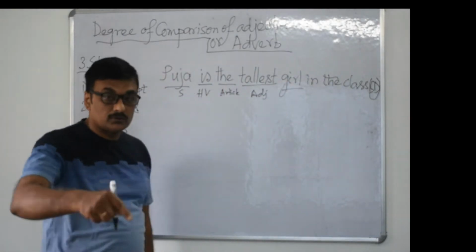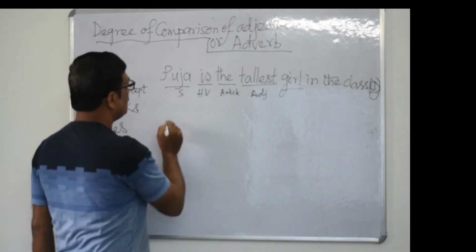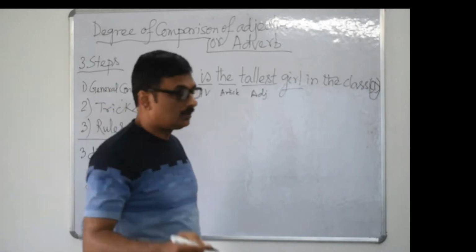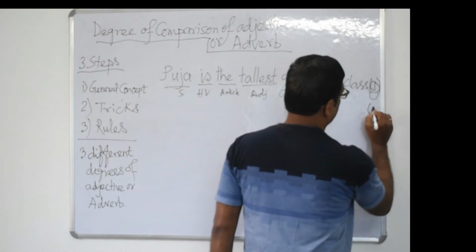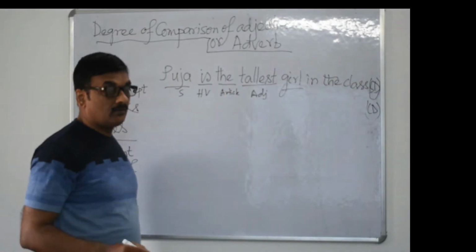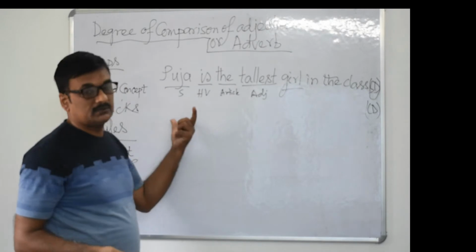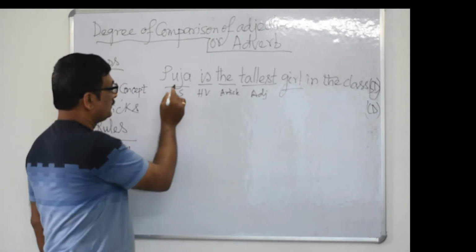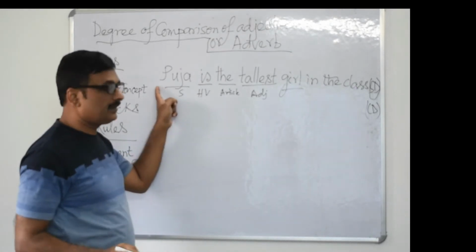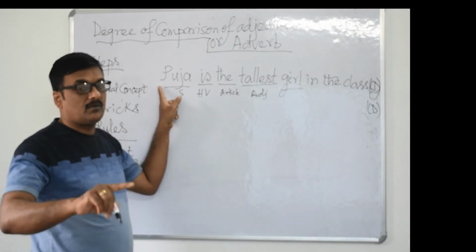Next we will proceed to another degree. Next we will go to the comparative degree, CD. What is the rule? The rule we will know while converting into the other. So here the subject of the superlative degree remains the same in the comparative degree.